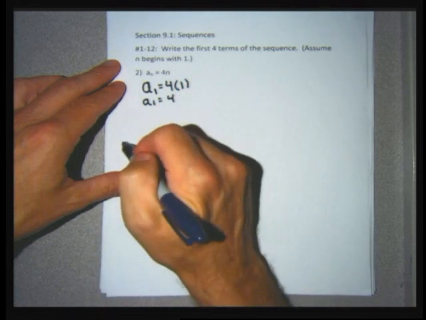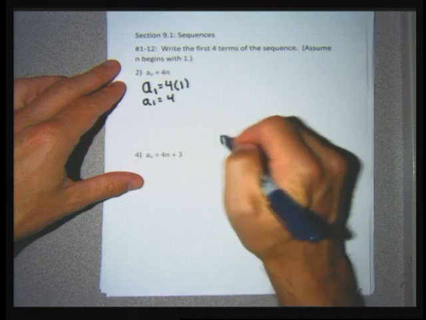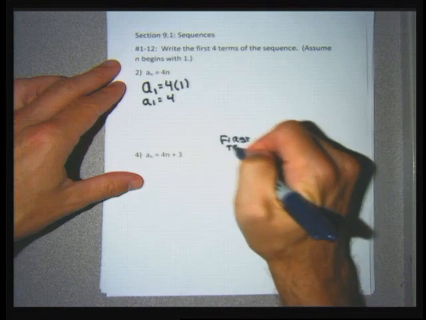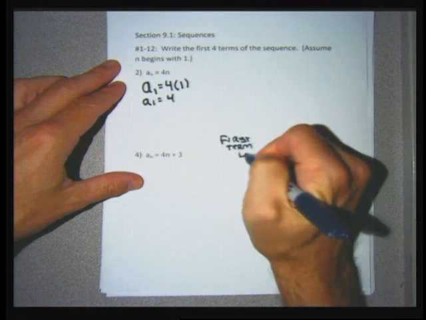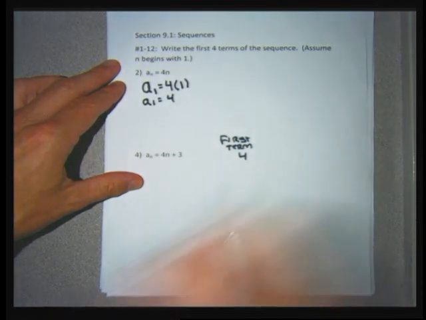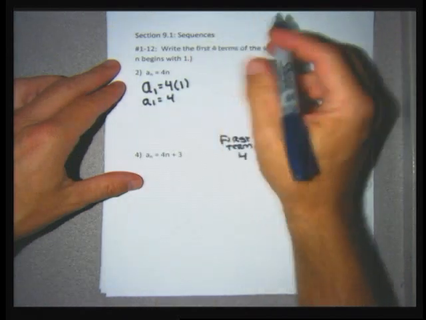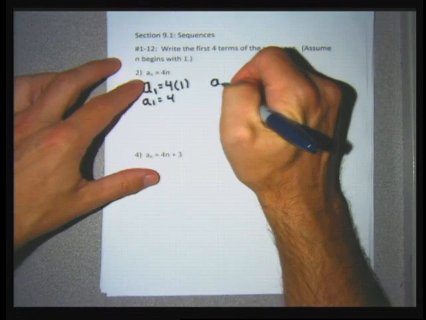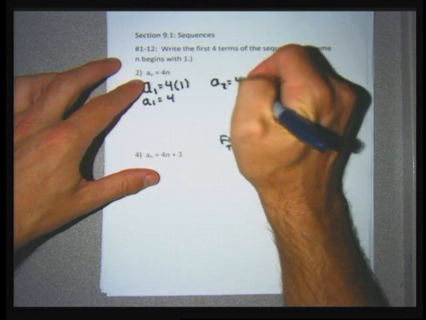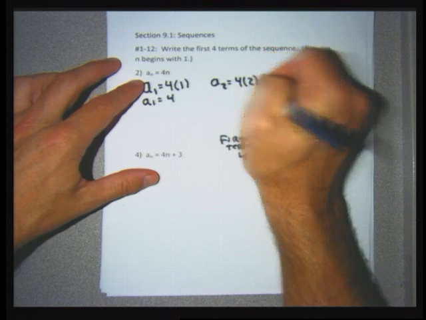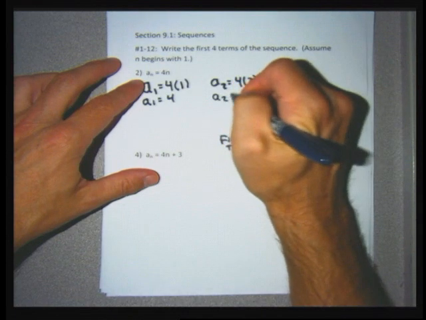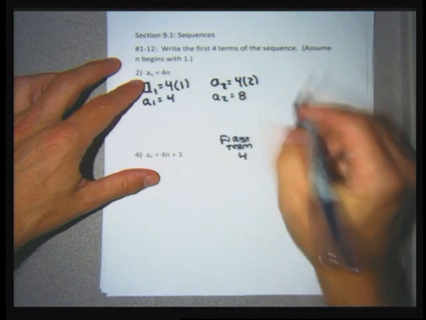So the first term in this sequence is going to be the number 4. Now I'll find the second term because I'm asked to find the first 4 terms. To find the second term, I take a 2 and plug it in for each n on either side of the equal sign. I get a sub 2 equals 4 times 2, which gives me a sub 2 equals 8.